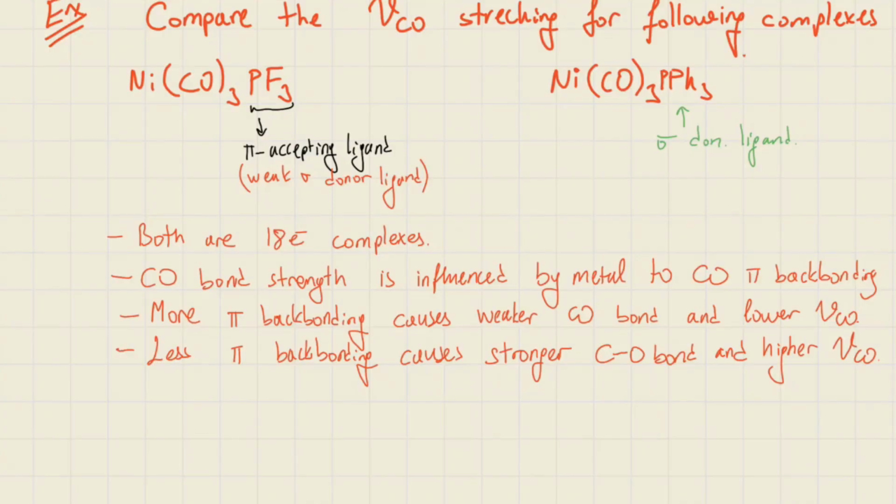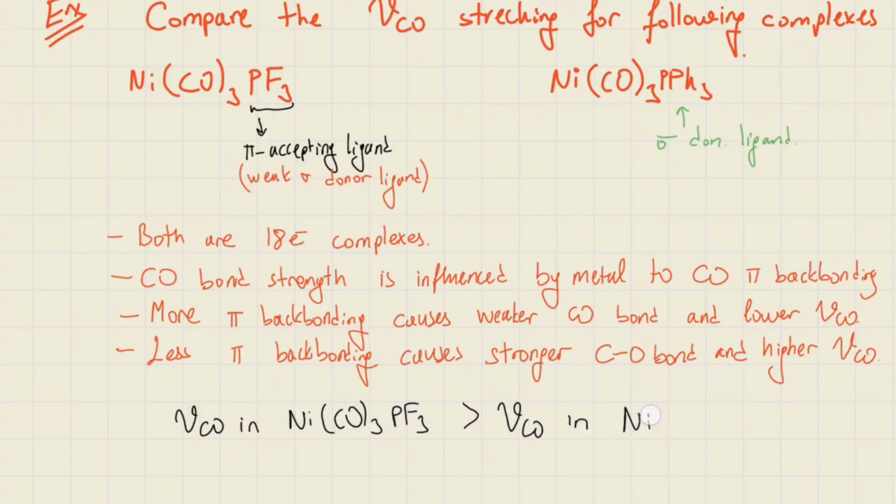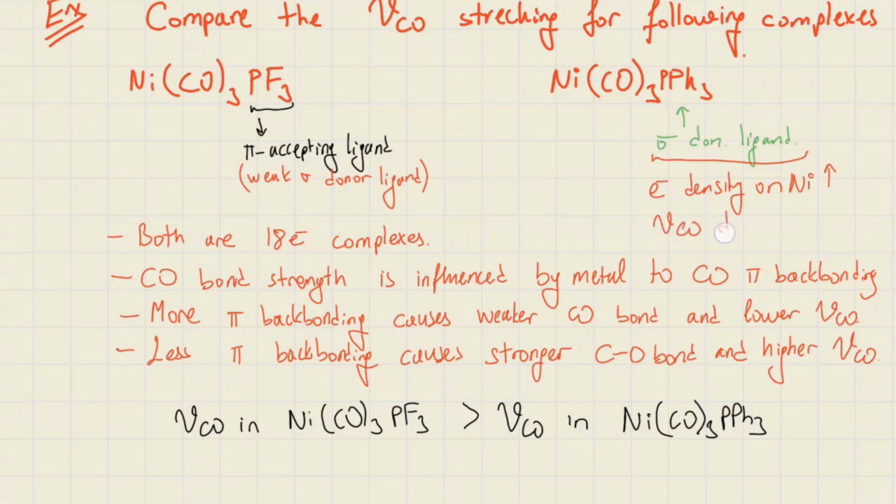So for our example, νCO in Ni(CO)3PF3 is bigger than the νCO in the Ni(CO)3PPh3 complex. So this is a sigma donor ligand, and electron density on the nickel increases. When it increases, pi back donation increases and νCO decreases. So this is the explanation for our case.